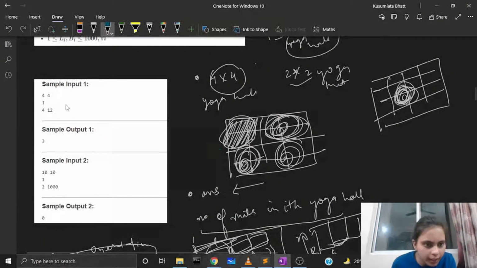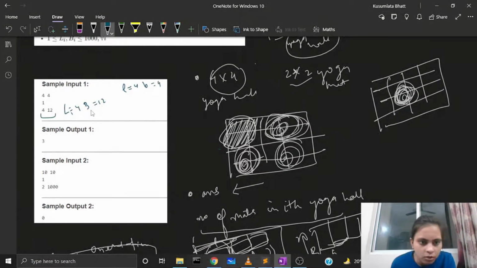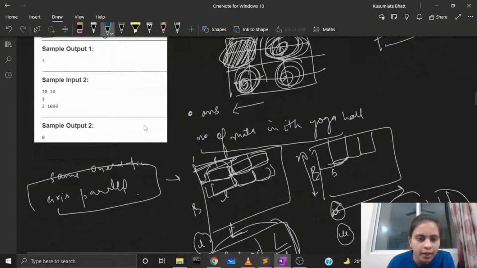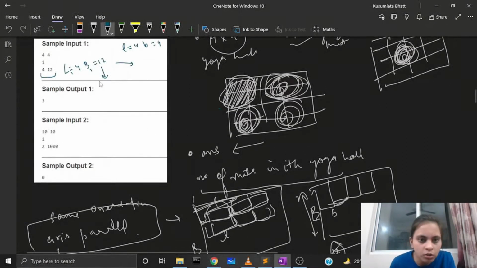So here we know the capital L is 4 and capital B is 12, and small l is 4 and small b is 4. So here there is only one room, so it's L1 B1 here. We can take the two orientations for this room. When we are keeping by length, keeping length parallel to length, in this case it will be 4 by 4 into 12 by 4, and at the same time we have to maintain the floor value of both of these.